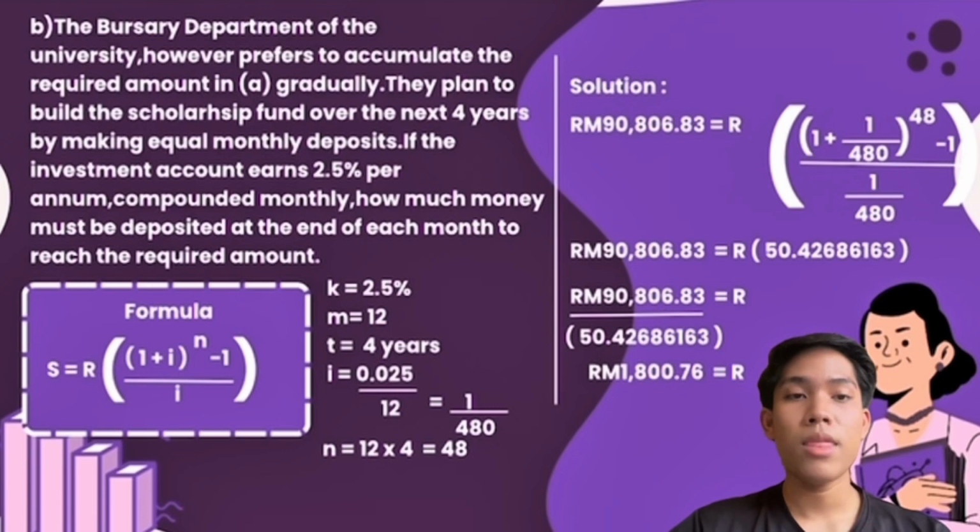So RM90,806.83 equals R times 50.42686163. To find R, RM90,806.83 divided by 50.42686163, and the final answer you will get is RM1,800.76.